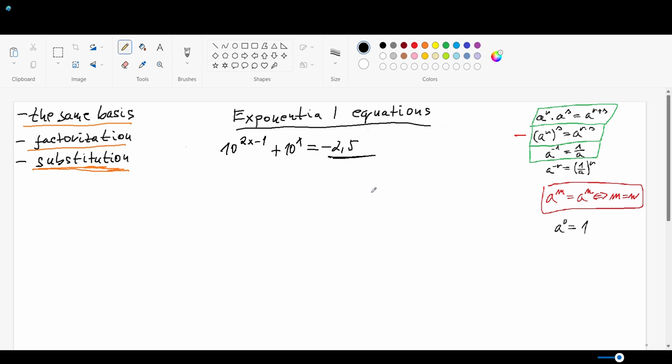So what I didn't mention during the solution of the first equation is how can you realize and how can you start thinking about the substitution method when using the exponential equation.